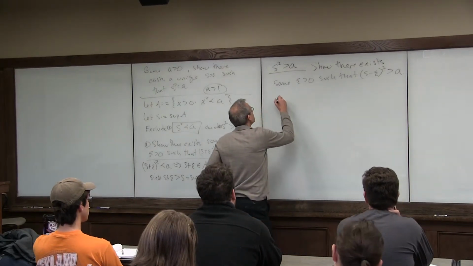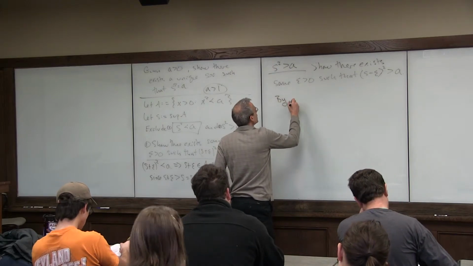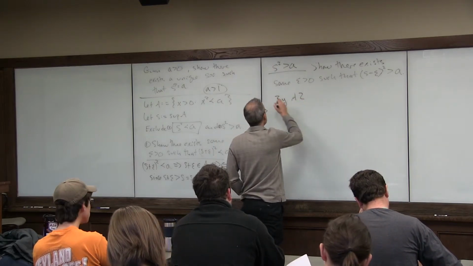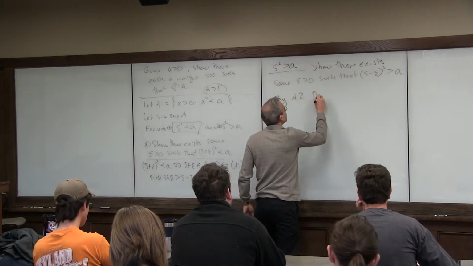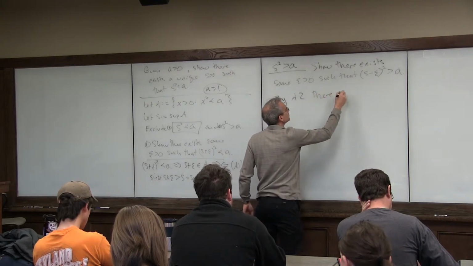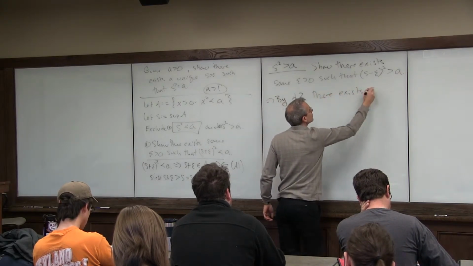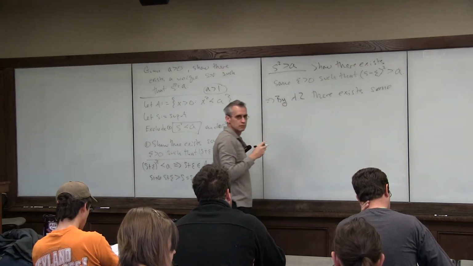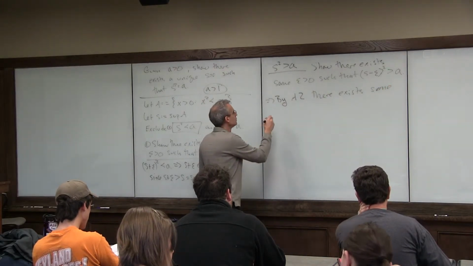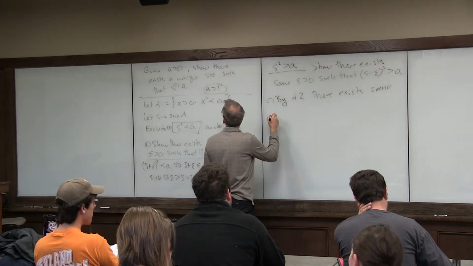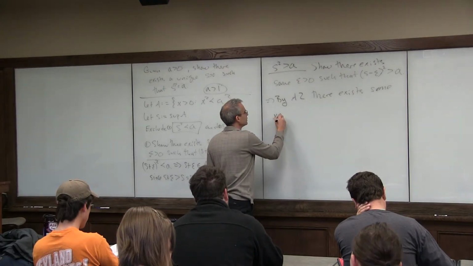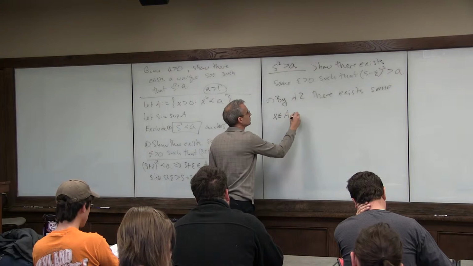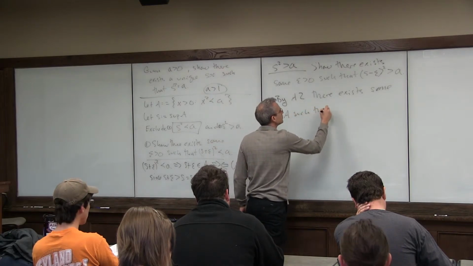Okay, so then by A2, there exists what? By A2, for every epsilon greater than 0, there exists some A. Let's call it X because we're already using A. So some X in A such that X is greater than S minus epsilon.